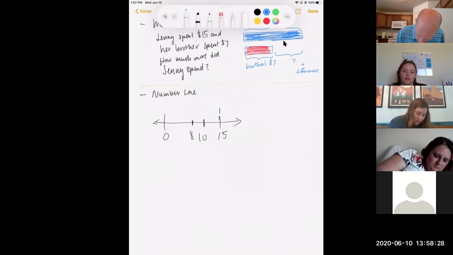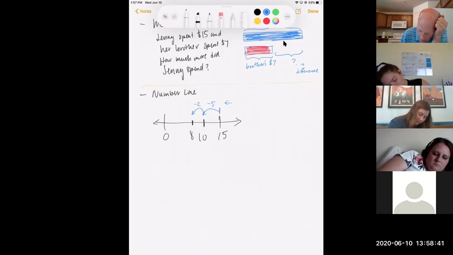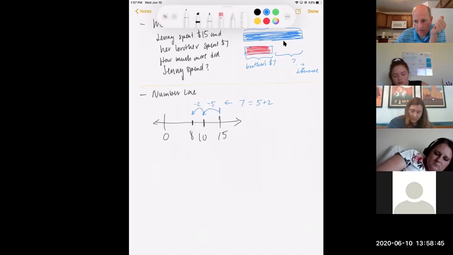Starting at 15, we're going to 10, and then we go back to 8, because that's what subtract 2 is. So both the 2 and the 5 make 7. 7 is the same as 5 plus 2. So it's okay to subtract 5 and then 2, because they are the same amount as 7. Okay. So those are pretty straightforward models. So pictures.